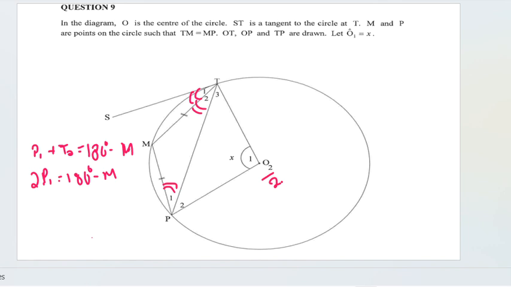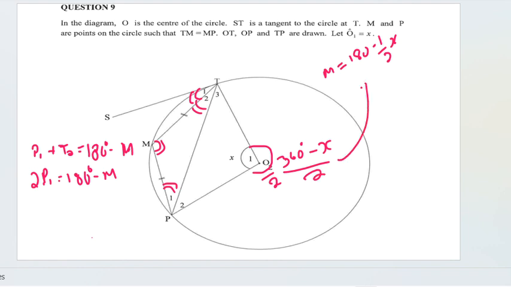We know that because M is an angle at the circumference, O2 is equal to 2 times M. But O2 is also equal to 360 degrees minus X. So M is equal to 180 minus 1 over 2 X, because it is just the division of this by 2.